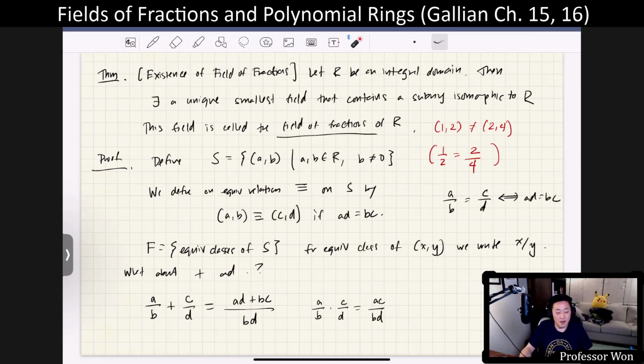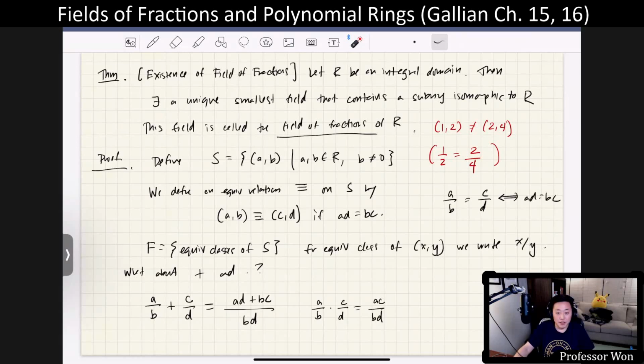But since R is a domain, and B is non-zero and D is non-zero, BD is non-zero, because in an integral domain there are no zero divisors. Same thing here, so these are, in fact, at least legal possible sums and products.